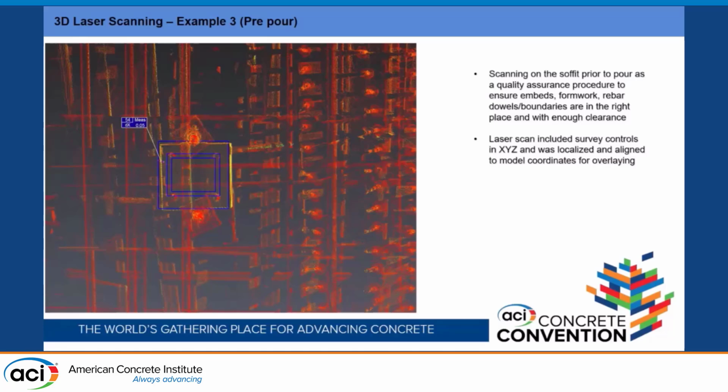This example is a proactive use case from scan. Before you pour the slab, after you have your deck ready, you have the edge form, opening, hanging form, rebars in, and hopefully your inlet in. So you do a scan, and on this screen, the blue line represents the design location of the 12 by 12 inlet plate.